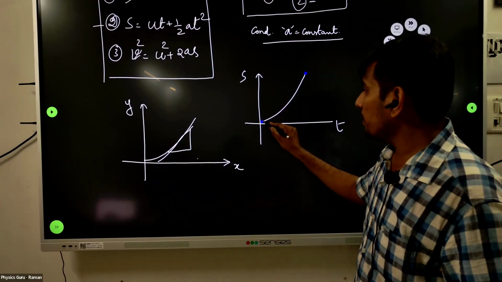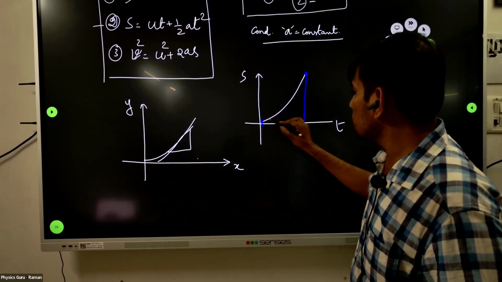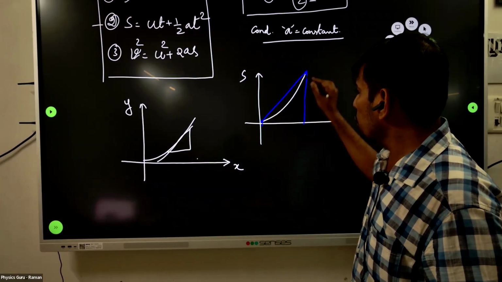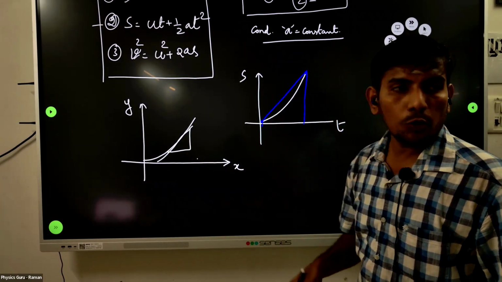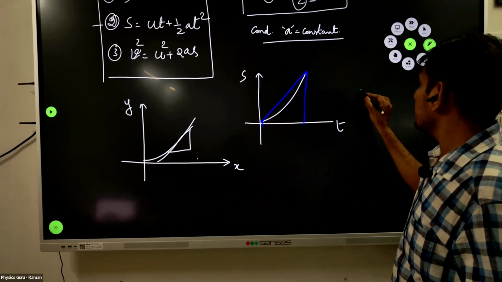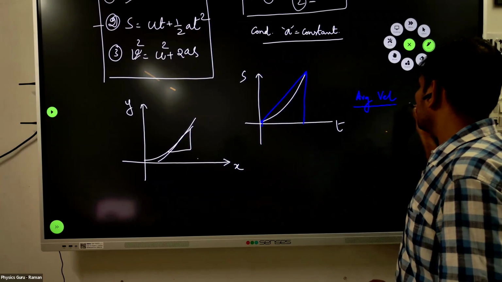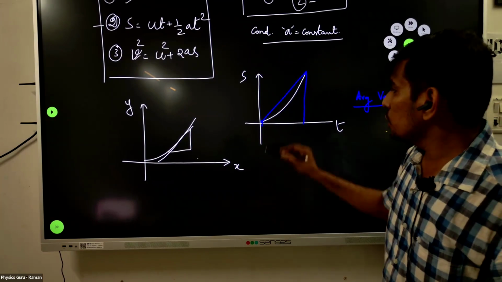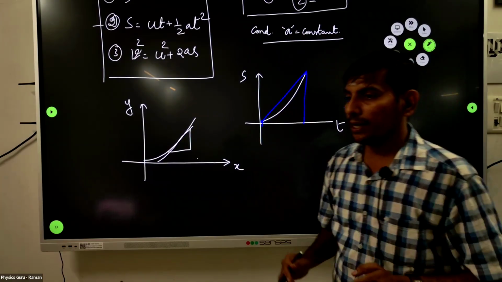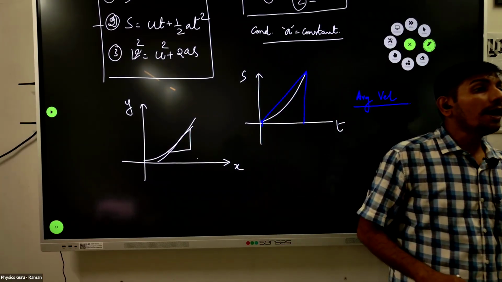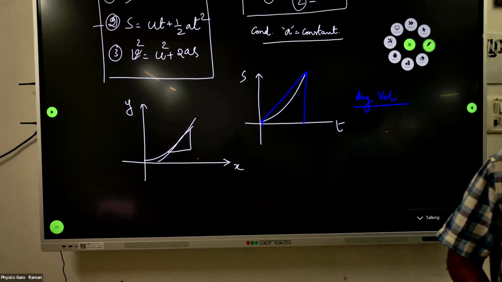Whenever you calculate the slope between these 2 points, it is called average velocity. Average velocity. If you calculate between the initial point and the final point, that will give you average velocity.